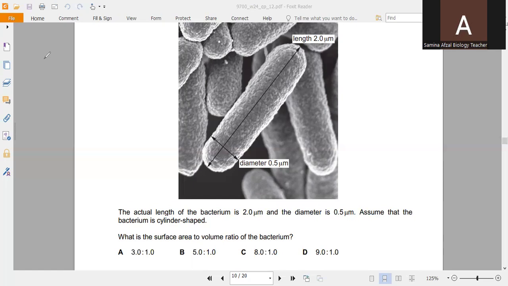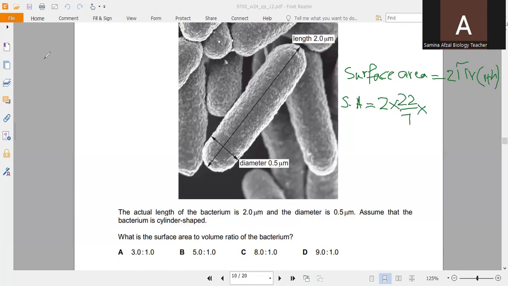First of all, I'm going to write the formula. Surface area is equal to 2 pi r (r plus h). Now, surface area is equal to 2 into pi, 22 by 7, into radius.